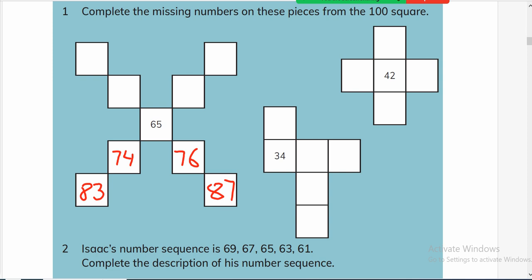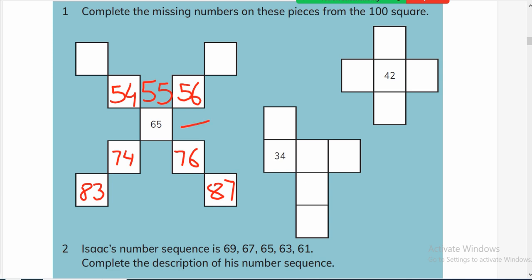Okay, before 65 is 64. And here it is 63. Sorry, by mistake I have written 64. It is counting in tens. When we go up, it will be 55. And here it will be 54 and 56.